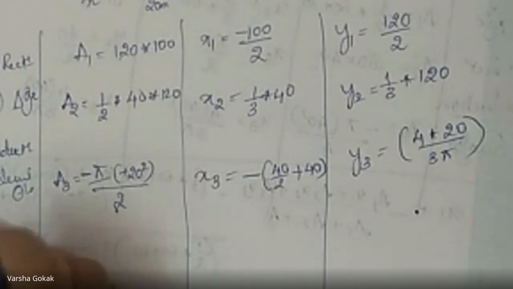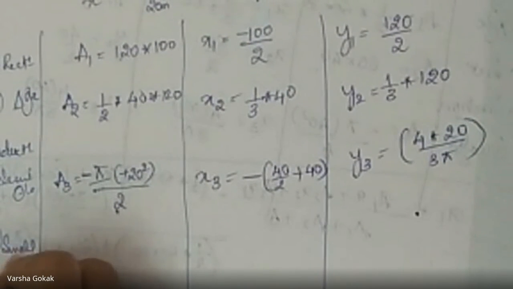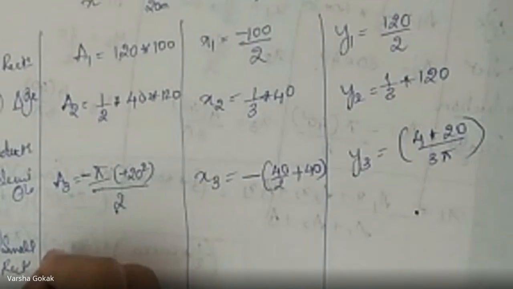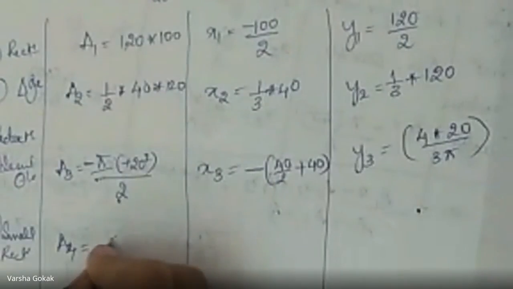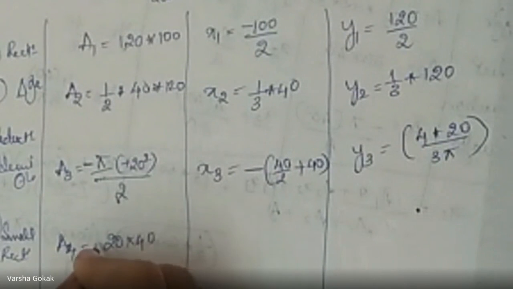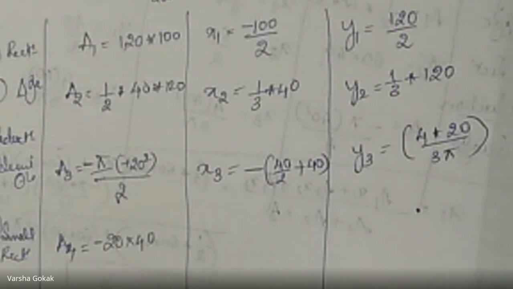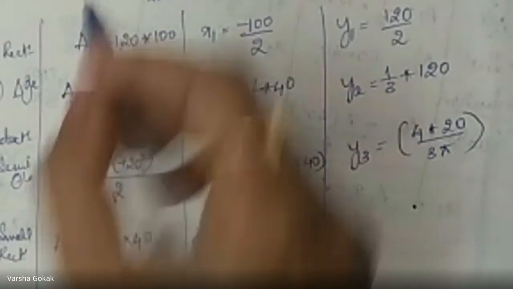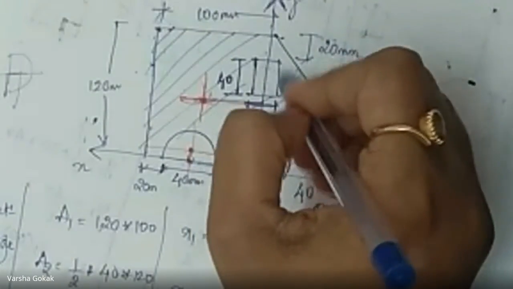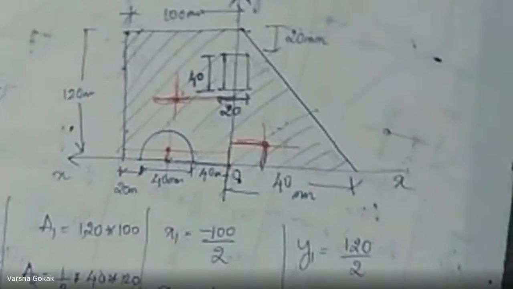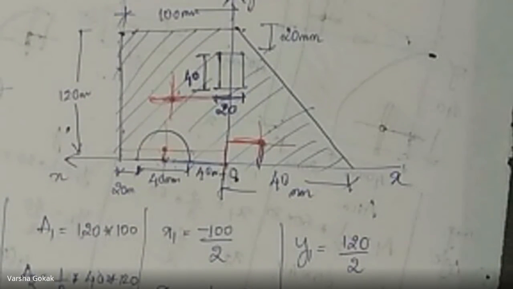Fourth one, we have a smaller rectangle, correct? A4 for the smaller rectangle is going to be 20 by 40 with a negative sign because it is going into reduction, right? What is the x4 value? Is it lying on the reference axis? Is the CG of this rectangle lying on the reference axis? Yes, no?